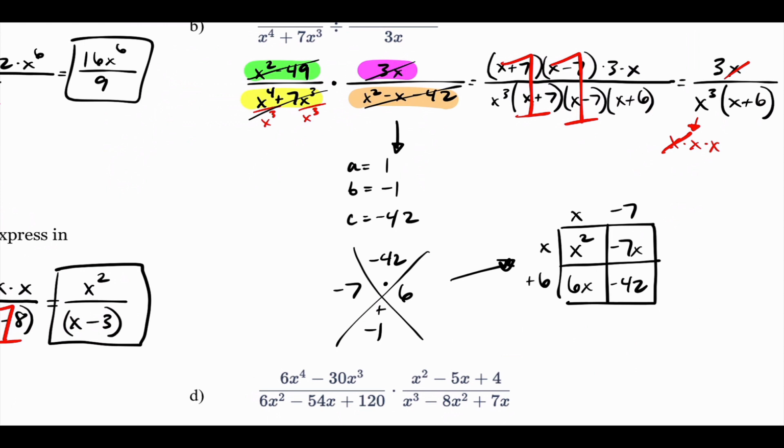Because it's in front, it's a monomial now, so I can do that. So now I just have 3 on top, x squared on the bottom. That's the finished answer. Just make sure, if you have anything like that, sometimes the GCFs will do that, because when they become GCFs, they also become monomials.